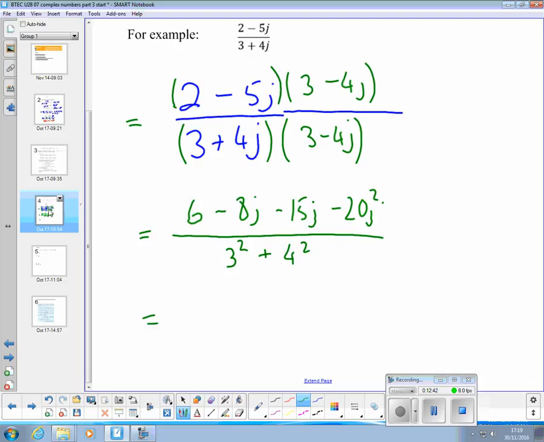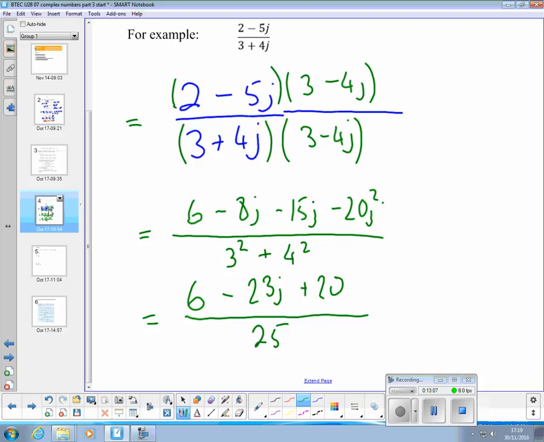Now we can simplify. We've got 6, minus 8 minus 15 is minus 23j. And what happens here? It becomes a plus 20. And that will be all over, 3 3s are 9, 4 4s are 16, all over 25.